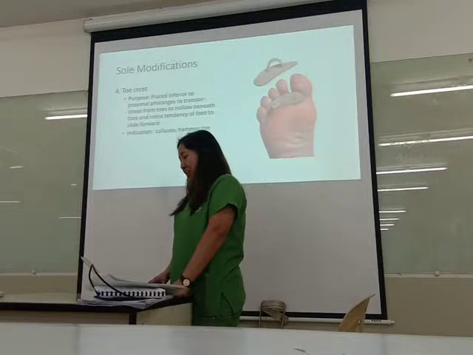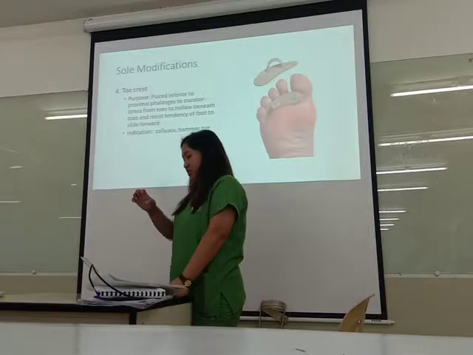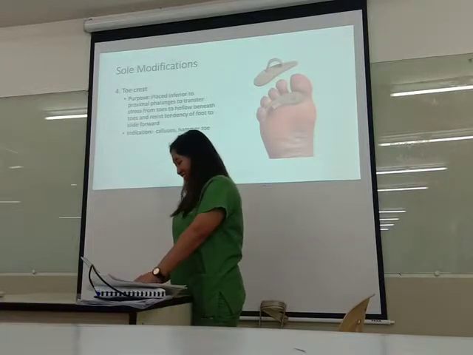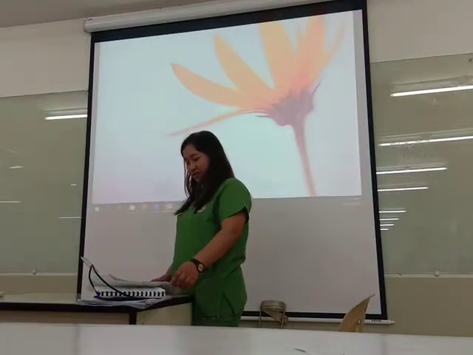So, toe crest, purpose niya is placed inferior to proximal phalange to accommodate yung mga hammer toes, no? Hammer toes, claw toes. Yun lang po.